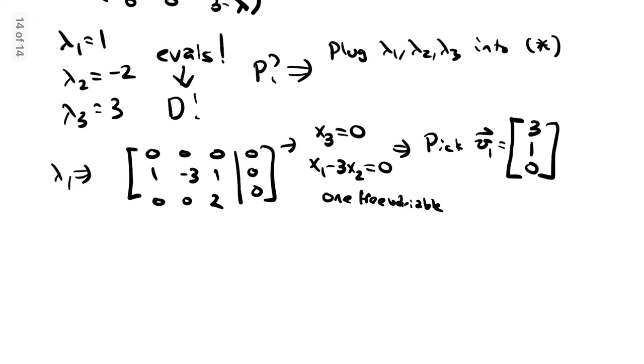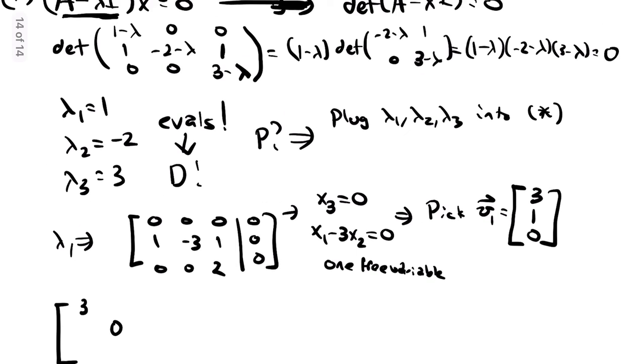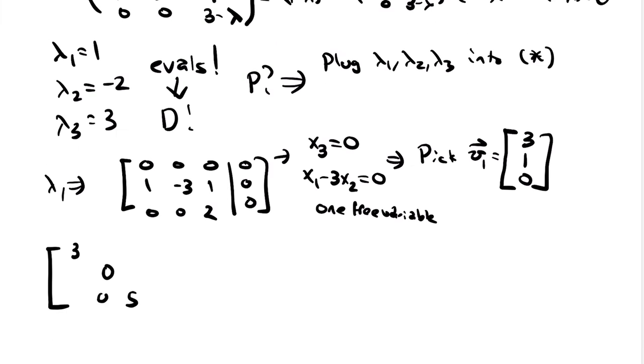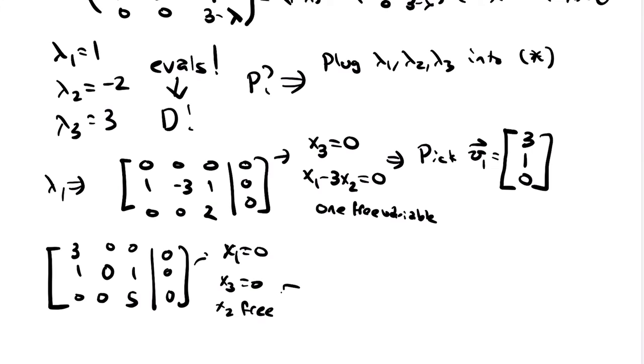As for my second eigenvector, I'm going to subtract -2 now. So 1 minus -2 is 3, -2 minus -2 is 0, and 3 minus -2 is 5. Rows (3, 1, 0), (0, 0, 1), (0, 0, 5) equal to 0. That tells me that x1 is 0, x3 is 0, and x2 is free. So I'm going to pick v2 as (0, 1, 0).